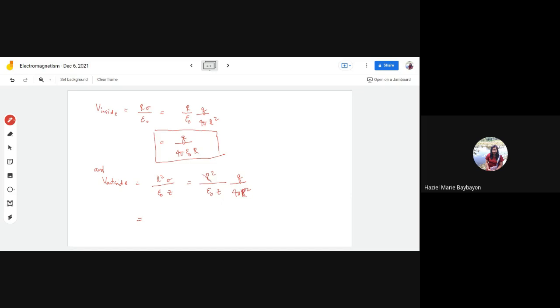We can cancel this out. We have q over 4 pi epsilon naught z. So this is for points outside the shell in terms of q.